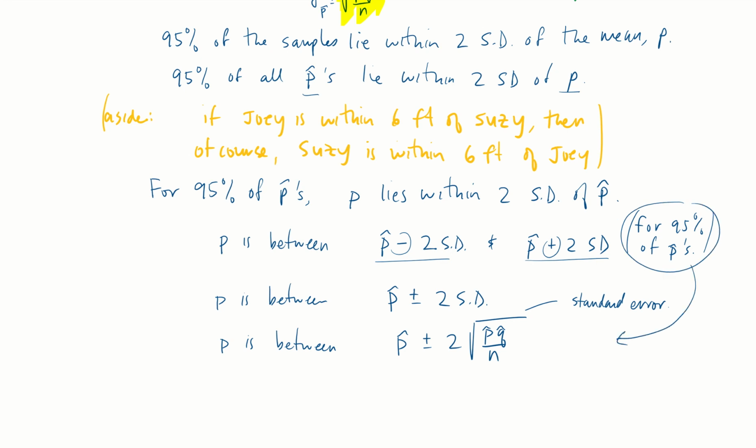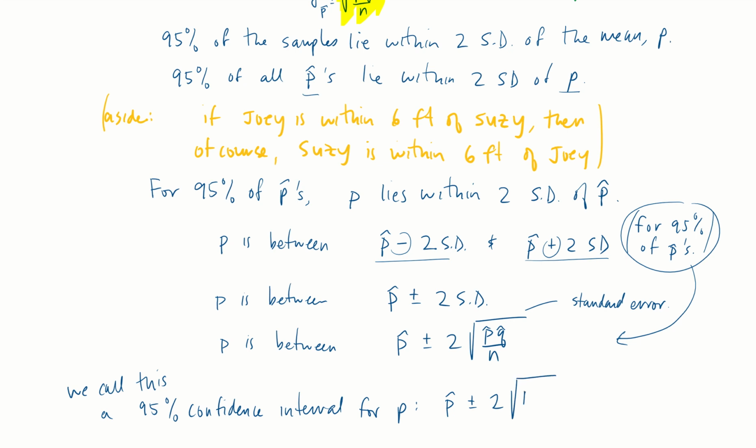Okay, and because of that, we call this a 95% confidence interval for P, and that'd be P hat plus or minus 2 square root of P hat Q hat over N.